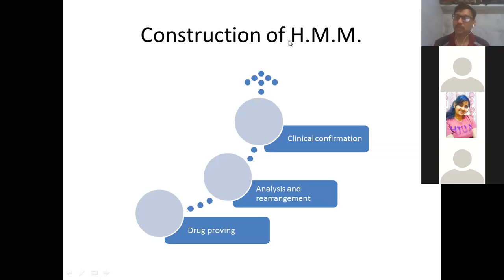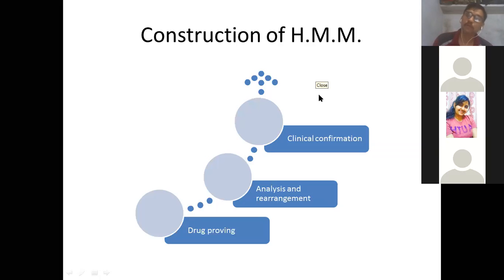Let us take an example of Pulsatilla. A very characteristic symptom of Pulsatilla is thirstlessness. I will repeat it: 100 provers are there, and out of those 100, 75 provers have felt the symptom of thirstlessness. Then it is considered a characteristic symptom.